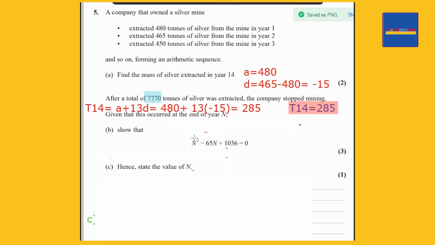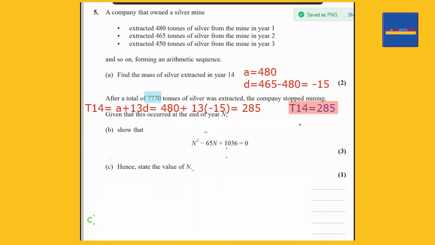We don't know what n is, but Sn is n over 2 into 2a plus n minus 1 into d, where a is 480 and d is minus 15. So we're simply going to substitute those values in order to show the equation that they have requested.